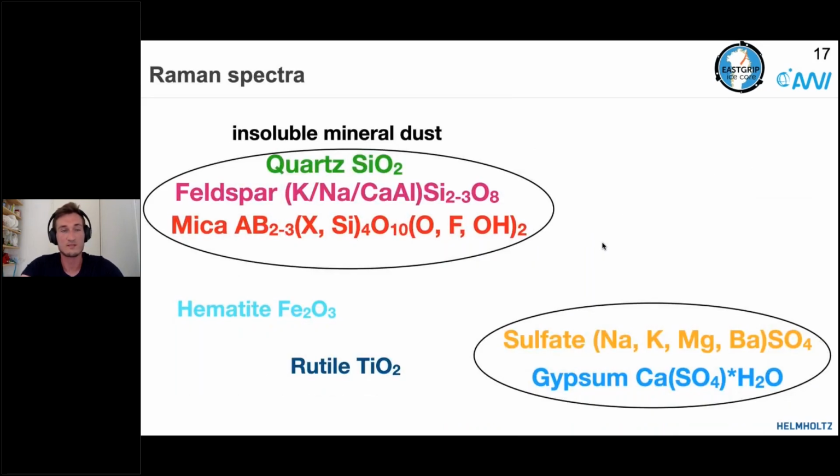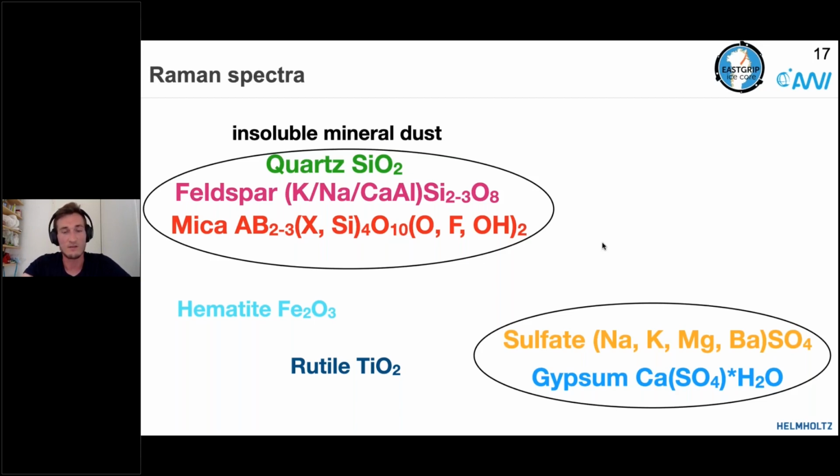Okay, so this is it for the localization part, and now a bit more into the chemistry. I'm not a chemist myself, so I'll try to do it correctly. But you mainly find insoluble mineral dust like quartz, feldspar, mica. These are the main minerals we have in dust storms, which came from Asia or from the Gobi Desert to Greenland.